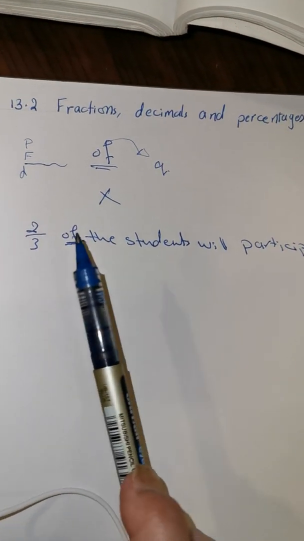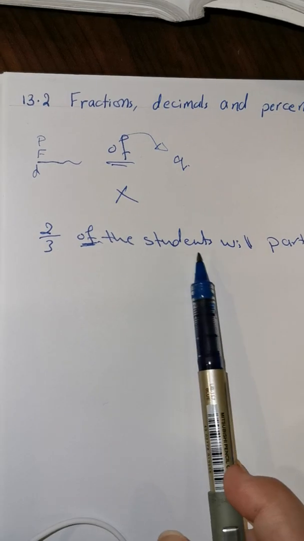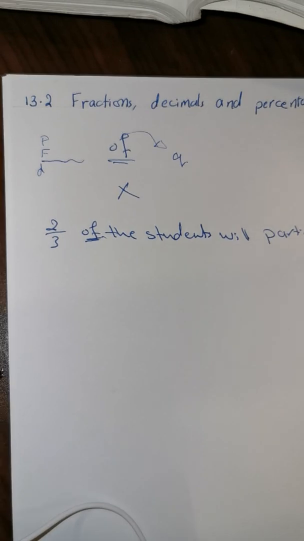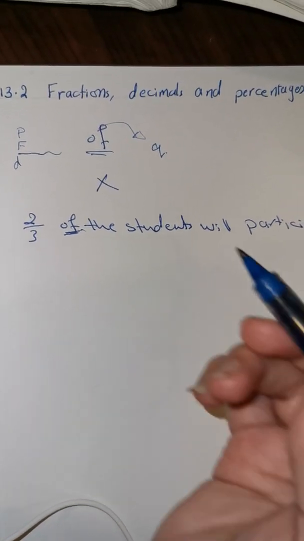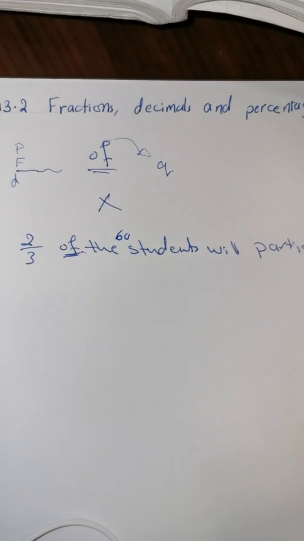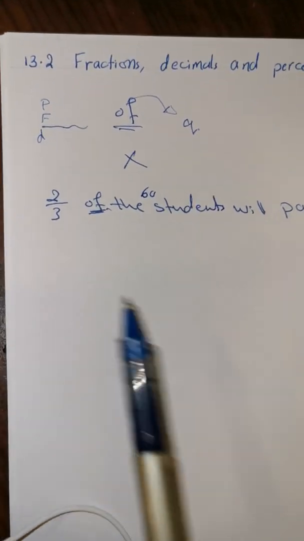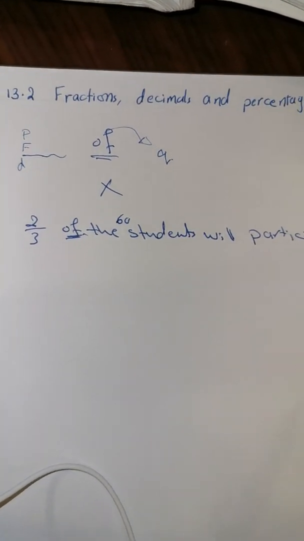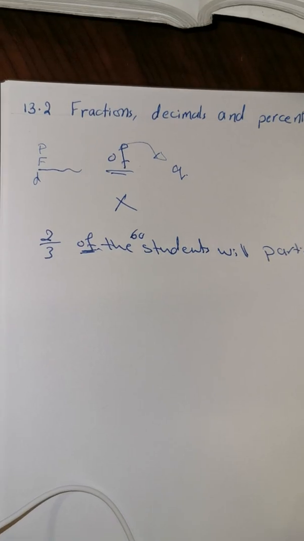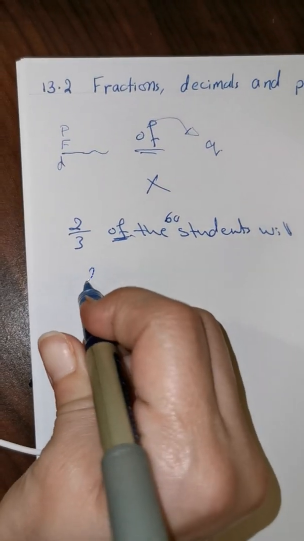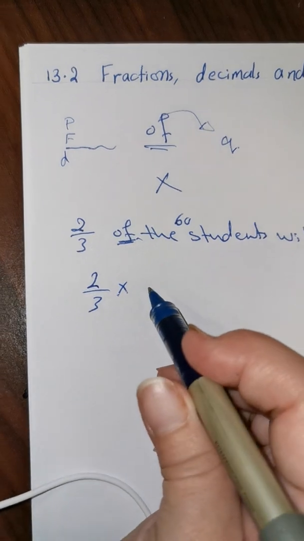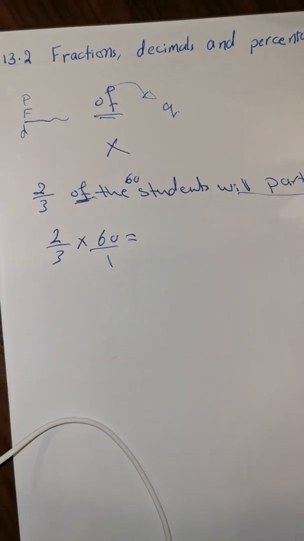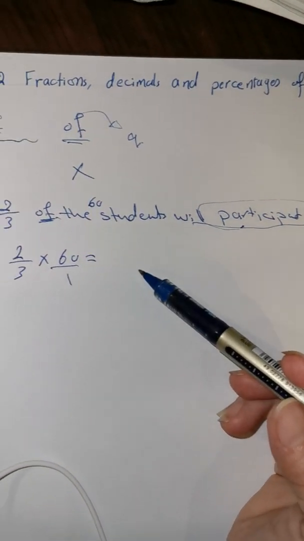Okay, ساعتها بقدر أقول 2/3 of the student يعني 2/3 of the whole number of the student. Let's say that the whole number of the student is 60. So أنا بقول كأني 2/3 of 60 student will participate in competition. So بهاي الحالة 2/3 of 60 will be a multiplication. So you need to multiply 2/3 times 60. You have to find the answer. Why? وهاي الإكسبريشن هون هو اللي راح يساعدك إن الأنسر بتدل على إيش.